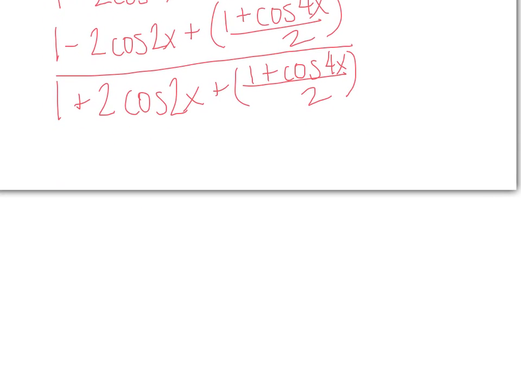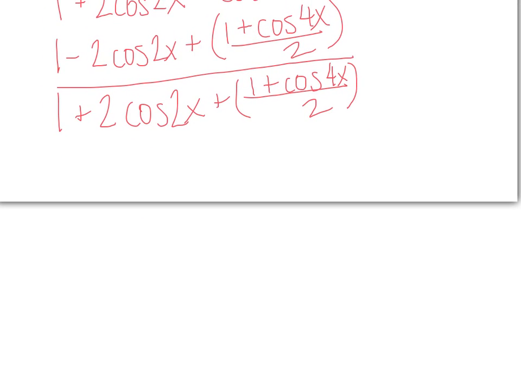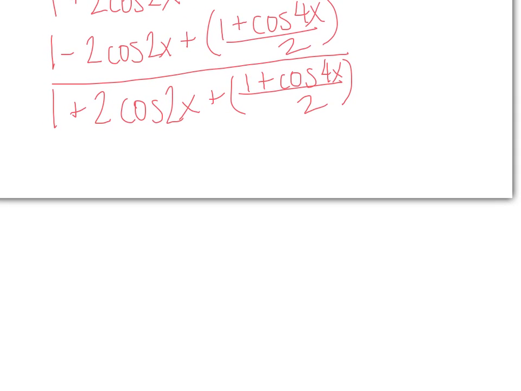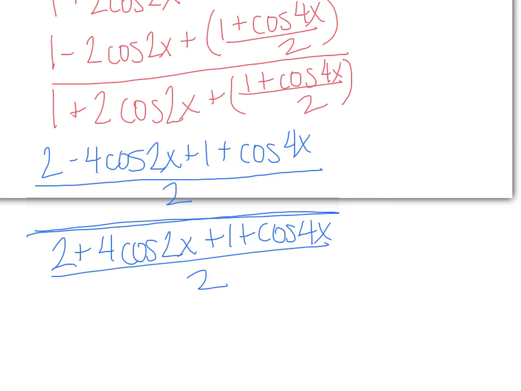Now I'm going to scroll up here, do some simplifying. I need common denominators along the top and the bottom. So multiplied by 2, by 2, by 2, by 2. Here's what we're going to have. Okay, I've got my common denominators. When I multiply by my reciprocal, my 2's are going to cancel out.